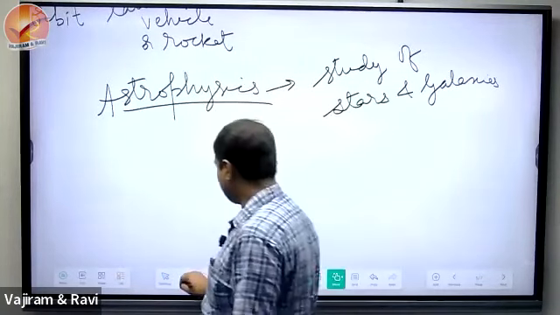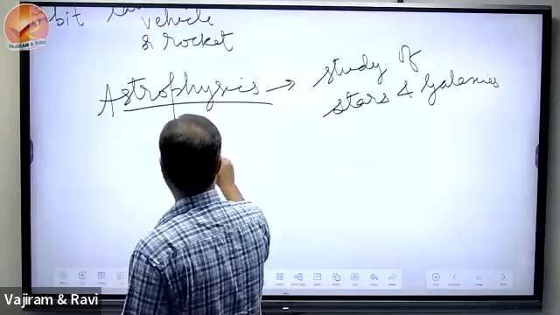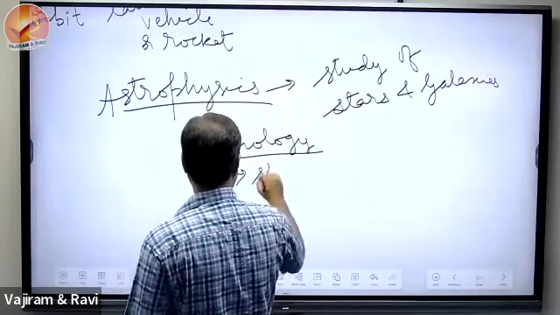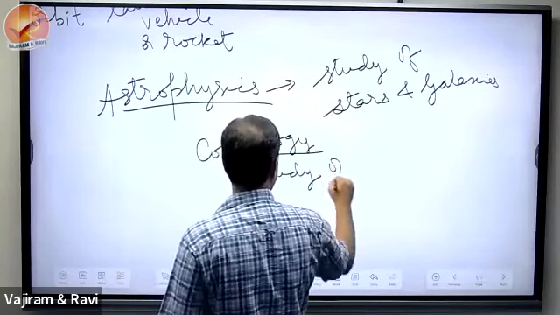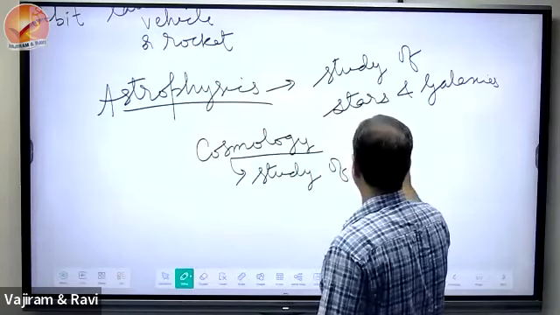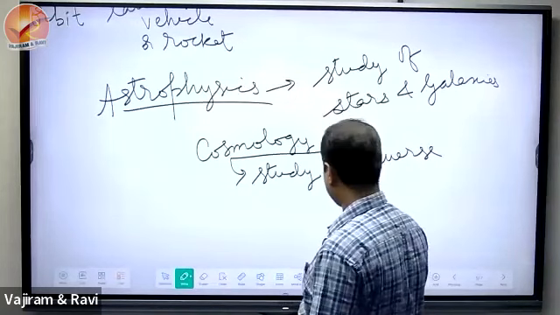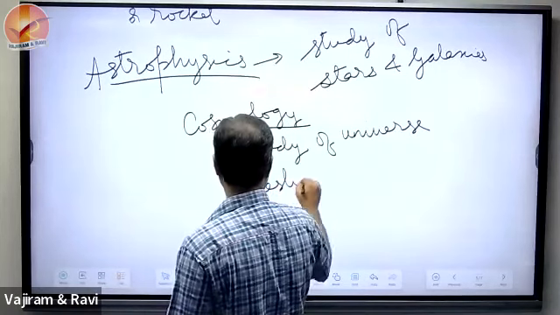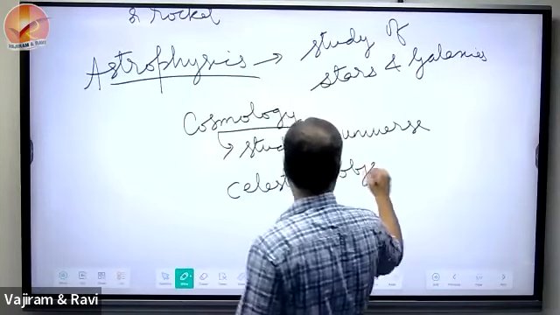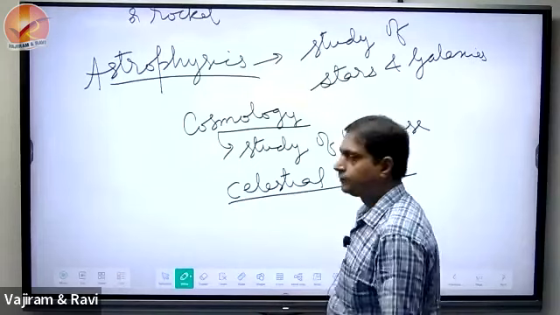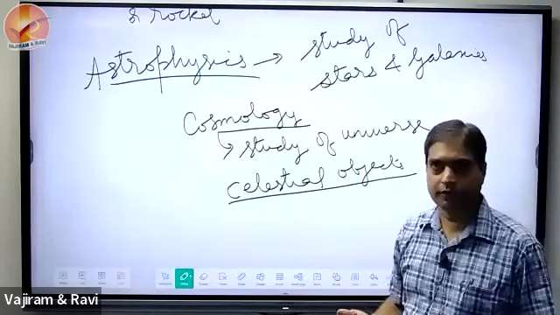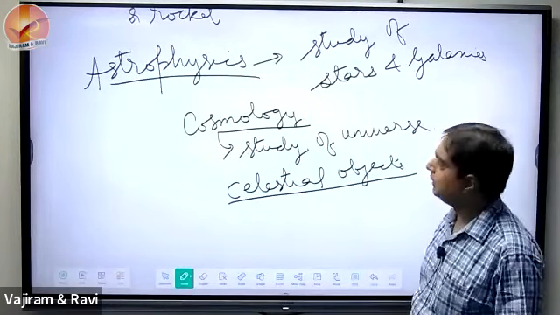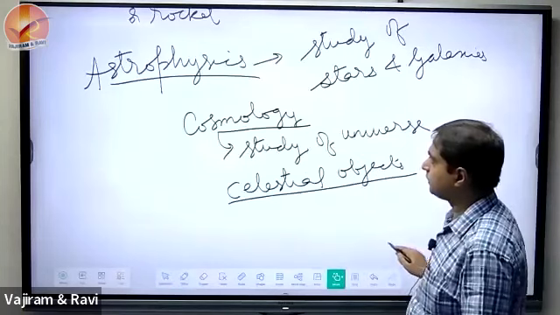So basically our focus will be on cosmology, that is the study of the universe, celestial objects, so objects in the sky, that is the celestial objects, which includes your solar system, planets, including the sun, and also the stars, all are part of the discussion.